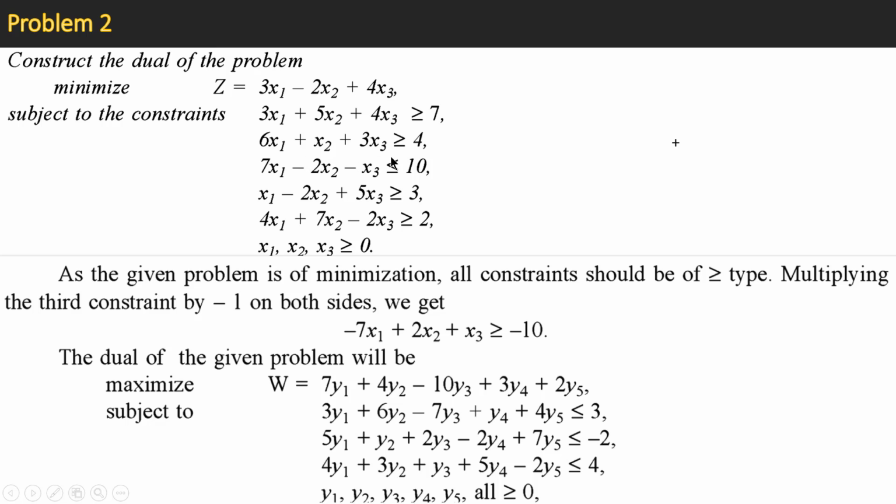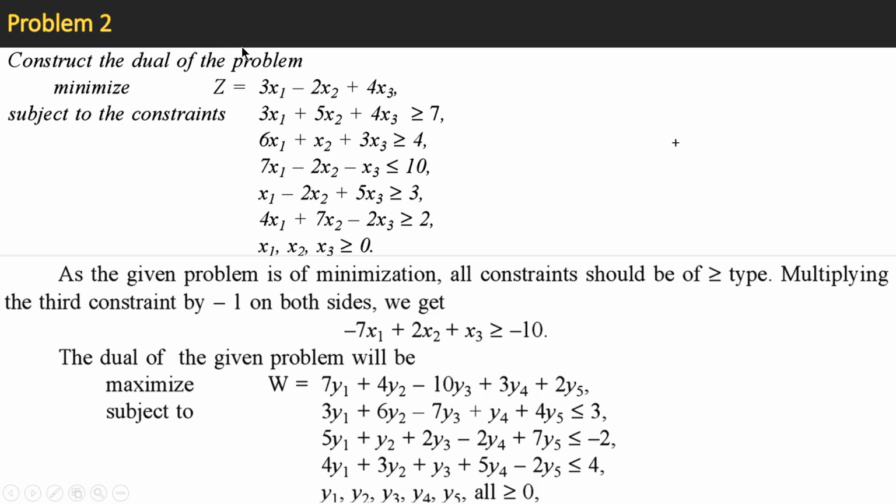So here is the problem: it has a less than or equal to sign. So first of all, if any constraint is less than or equal to, we have to convert it into greater than or equal to, because this is a minimization problem. So first of all that has to be converted. After that, convert it into the dual problem.